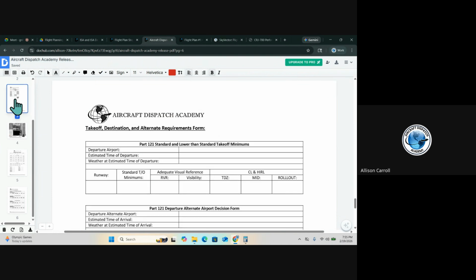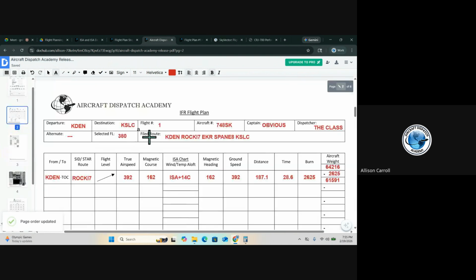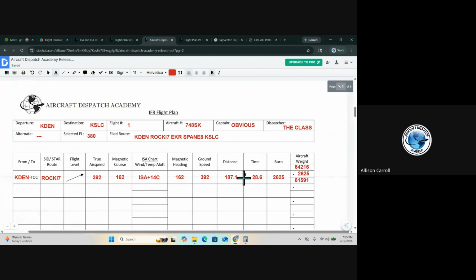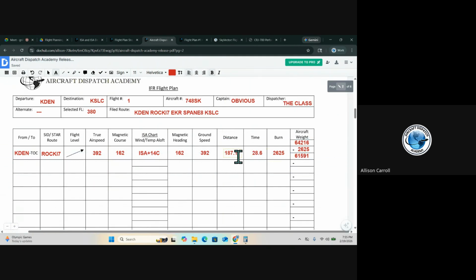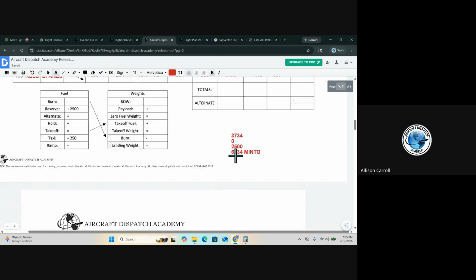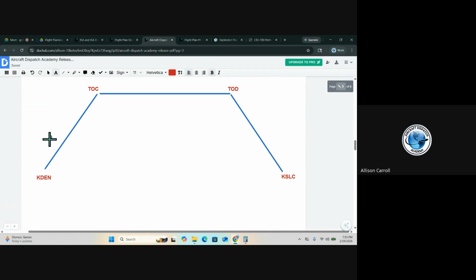Okay, distance 187.1. So I'm going to come back down here and put my distance, 187.1 from Denver to top of climb. Top of climb is at 38,000 feet. It's going to take me 187.1 miles to get all the way up to 38,000 feet.